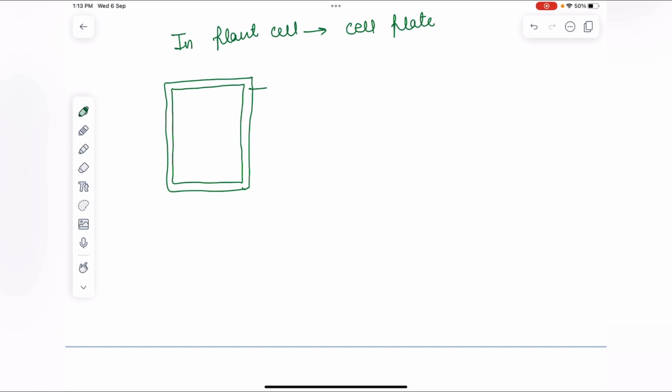So there will be a formation of a cell plate in between the plant cell, and this cell plate is formed by the Golgi apparatus present in the plant cell.